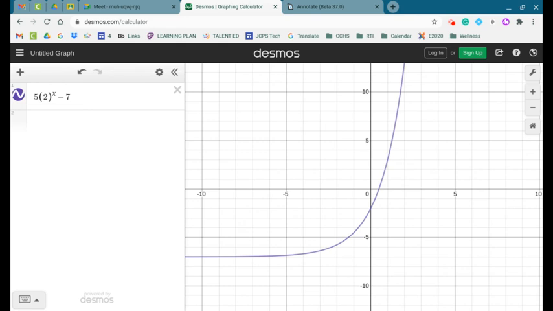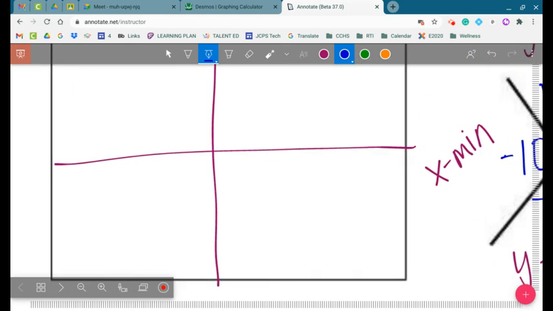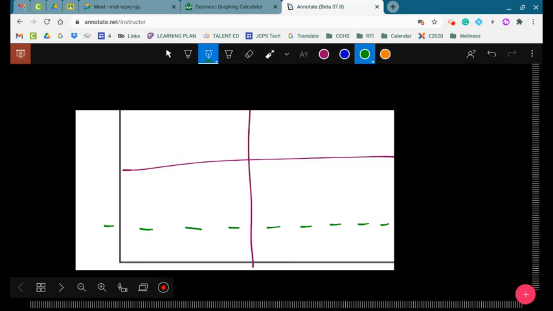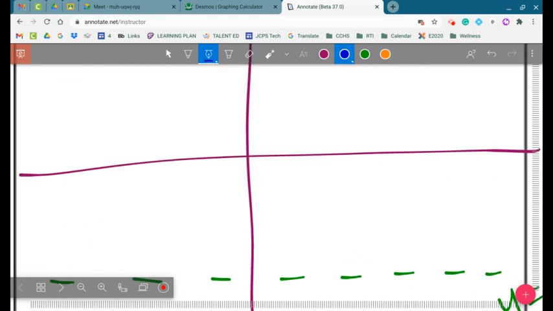So our graph grazes at negative 7 and then goes up. It crosses at (0, -2). So on our graph, we're going to have our horizontal asymptote, which is y equals -7. And then the y-intercept is going to be at (0, -2).